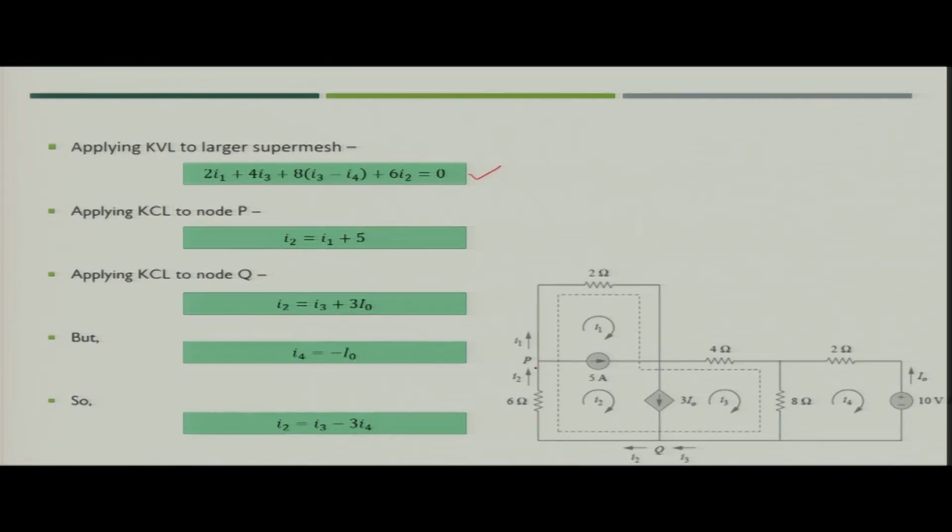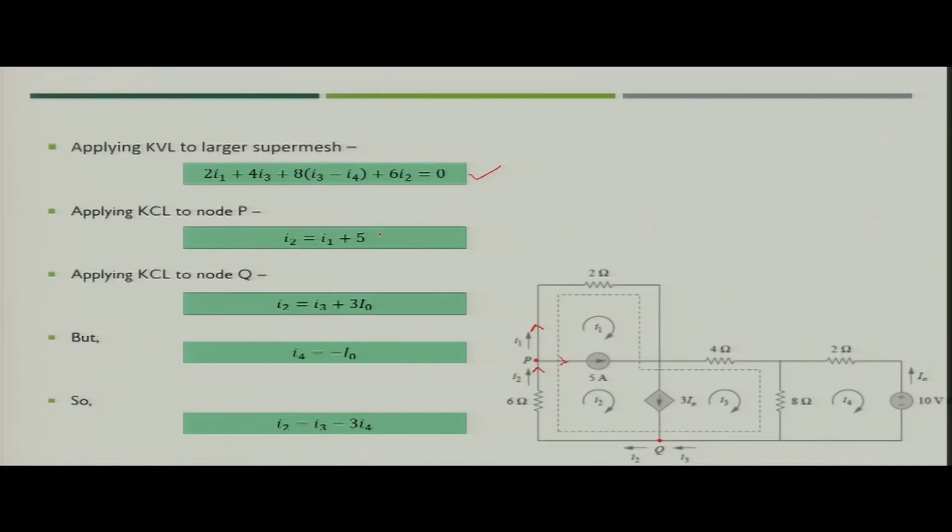Now, you have two current sources. So, what you have to do? You have to apply KCL at the two nodes where these two current sources are connected. For node P, if you apply Kirchhoff current law, the mesh current I2 is going into node P, and the mesh current I1 is coming out of node P, and another current source of 5 ampere is coming out of node P. So, what can you write?